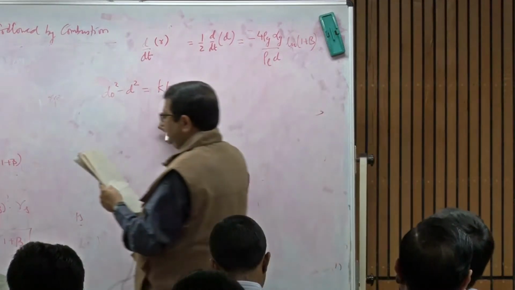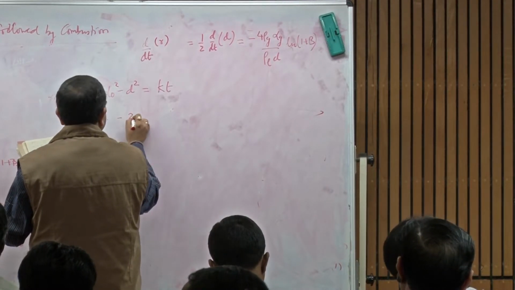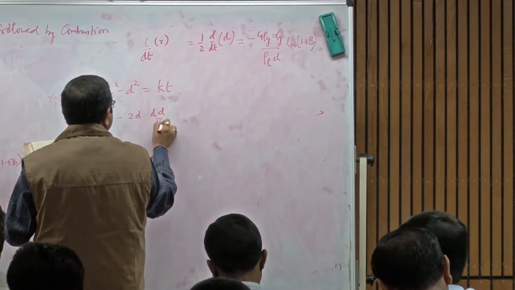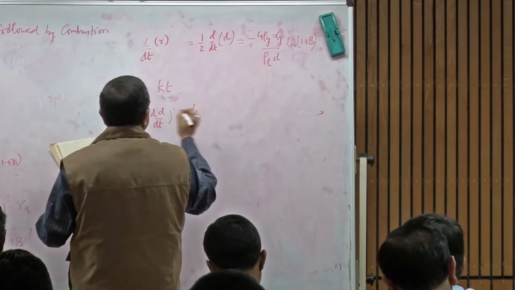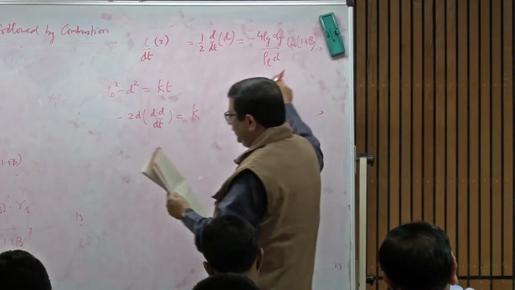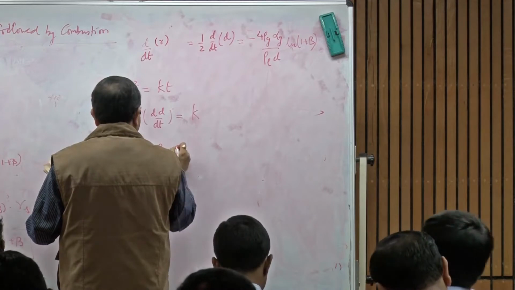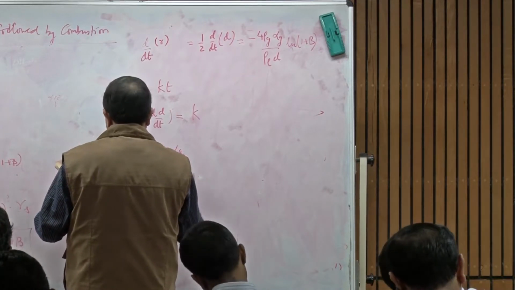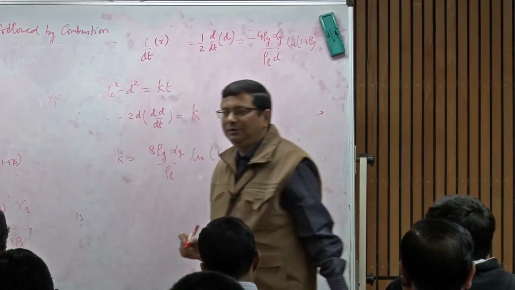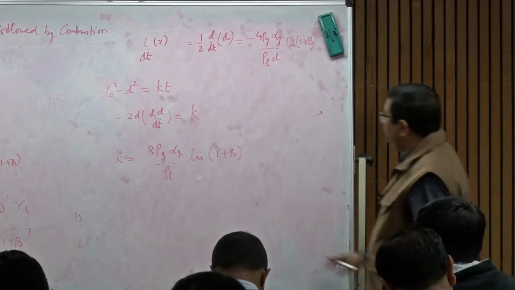So, from there, putting it back into this, you get k equal to, so the constant for the d square law also can be obtained in terms of all the fuel parameters.